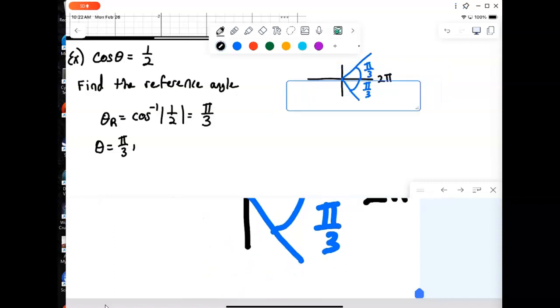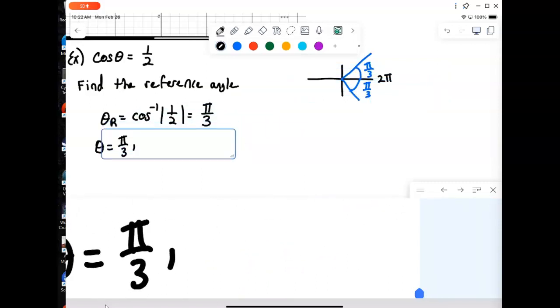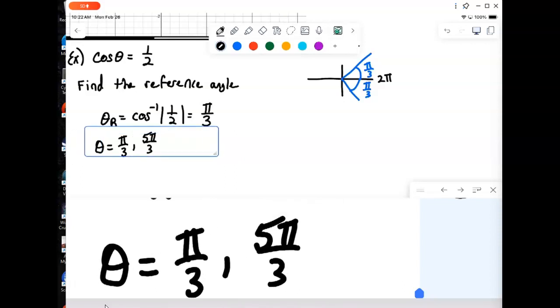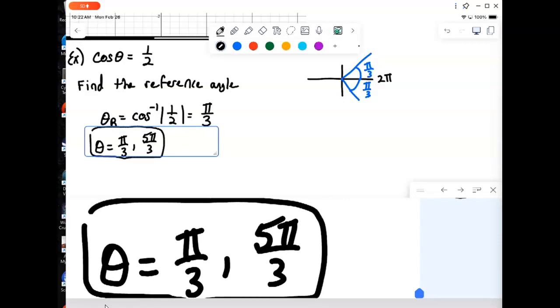So 2 pi take away pi over 3, or 2 minus 1/3, would be 5 pi over 3. So that's the first beginning process: all the angles within 0 to 2 pi.